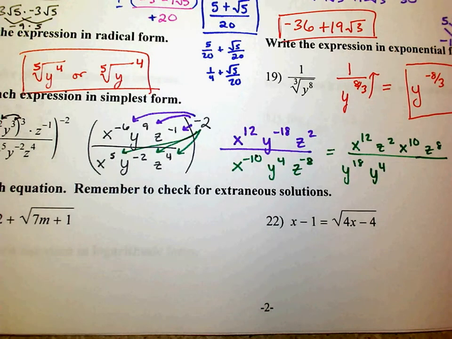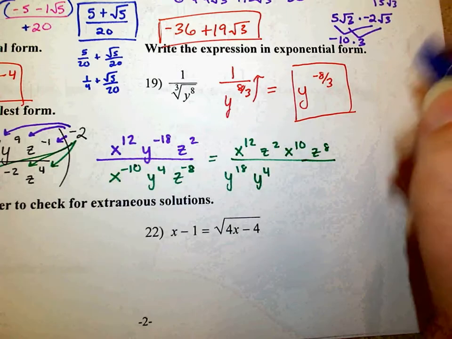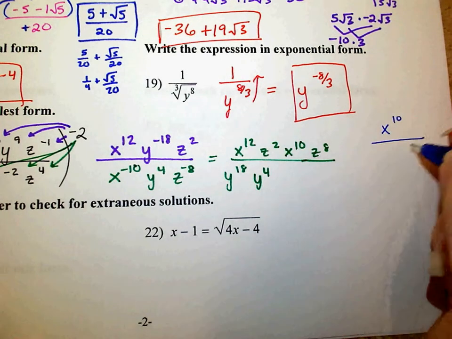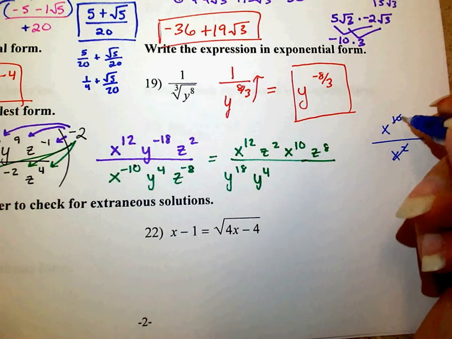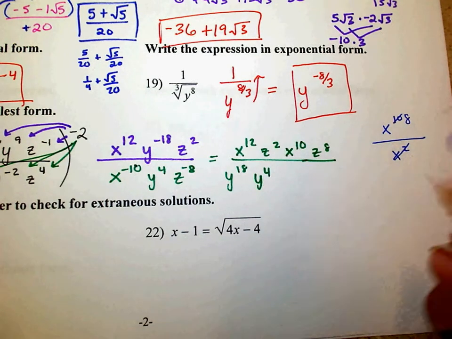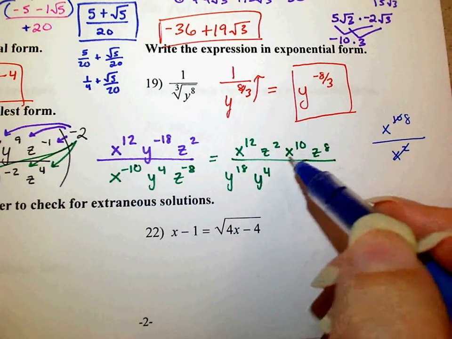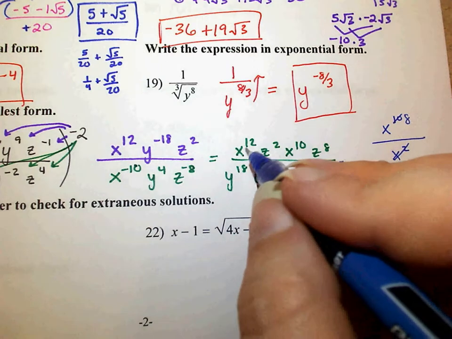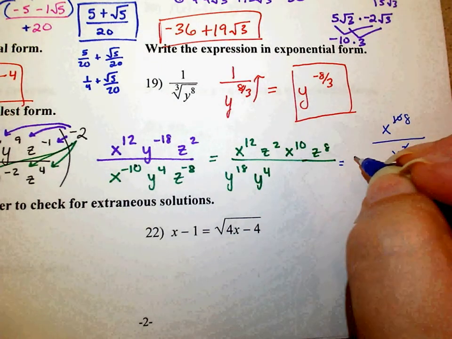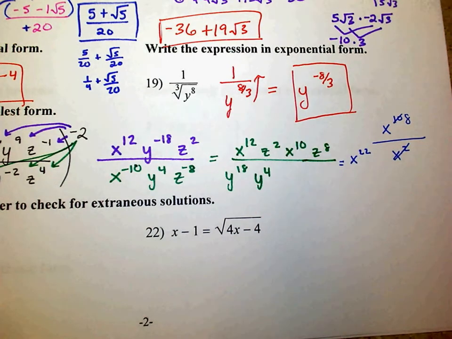So now at this point I need to combine. If I did end up with something like x to the 10th and then on the bottom I had x to the second, remember at that point you have to cancel 2 of those out with 2 of those and you get 8. But in this case all x's are on top, all z's are on top, and all y's are on bottom. So it's just a matter of simplifying. X to the 12th times x to the 10th, you add the powers, x to the 22nd.